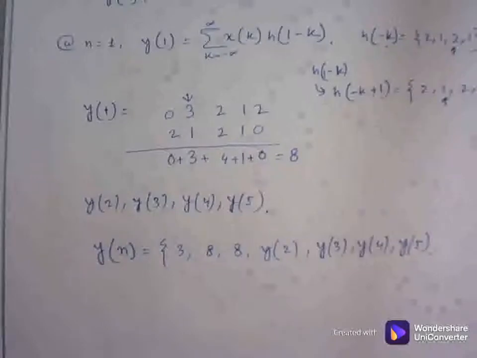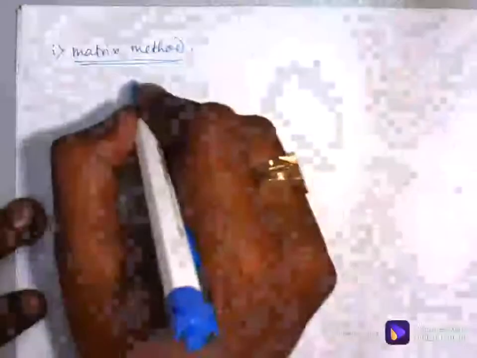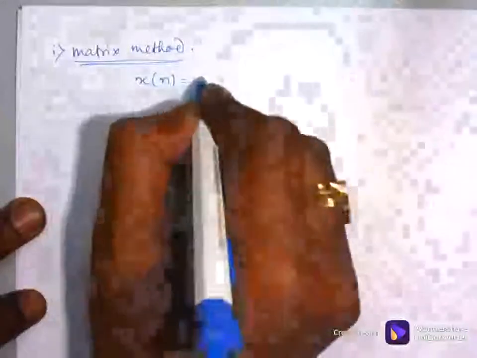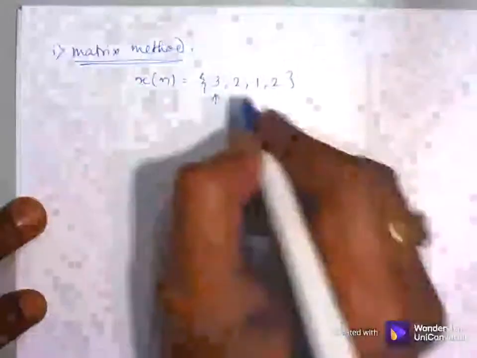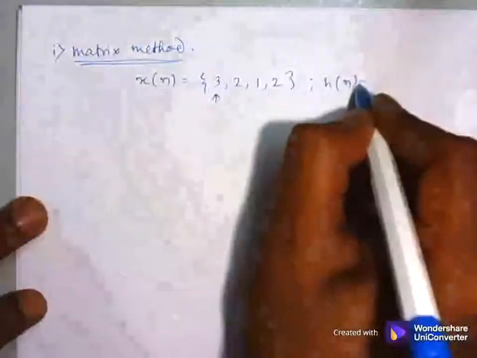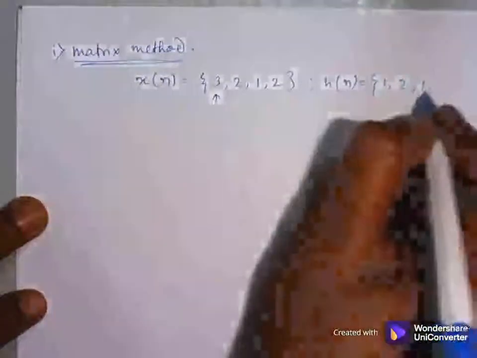Okay, so now there are two shortcut methods to calculate your convolution. First one is the matrix method. Suppose x of n, in this previous example, is 3 2 1 2, I am taking the previous example, and h of n is 1 2 1 2.